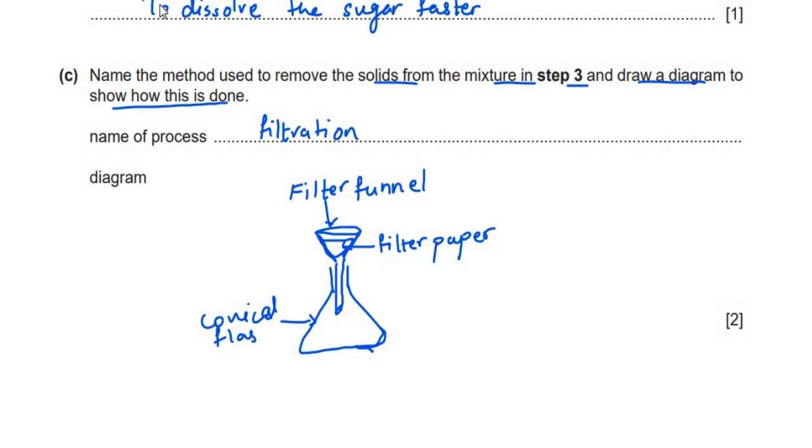This is how we are going to label the whole apparatus. We might draw the solution here and we might not, that doesn't make any difference. At least our diagram should contain filter funnel, filter paper, and the conical flask showing the filtration process.